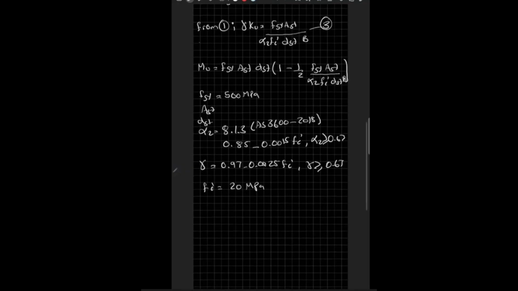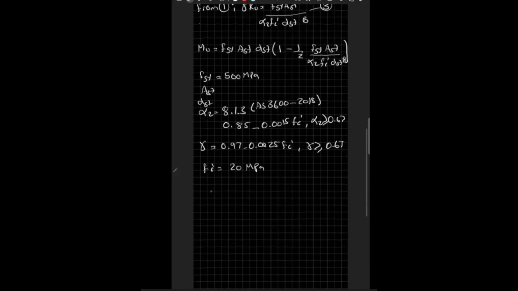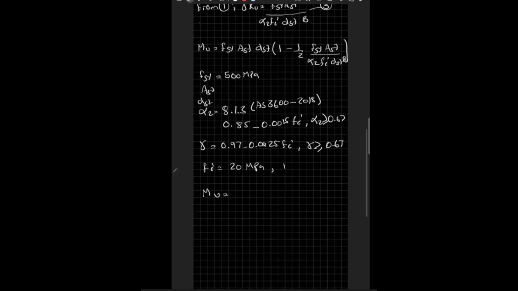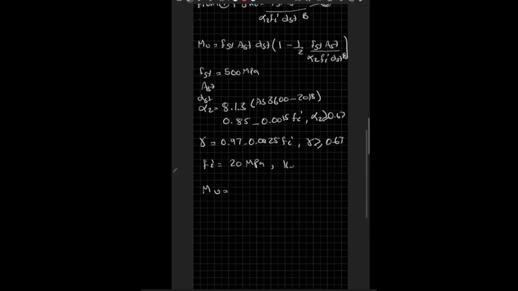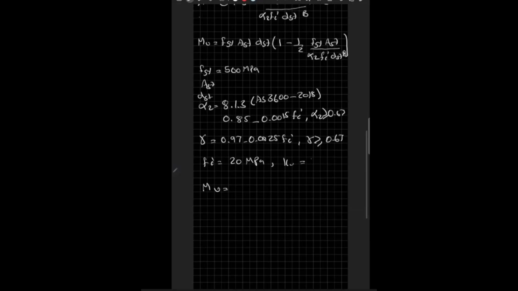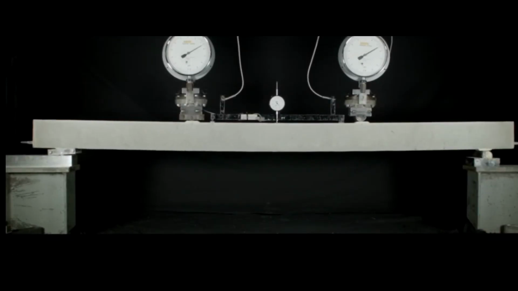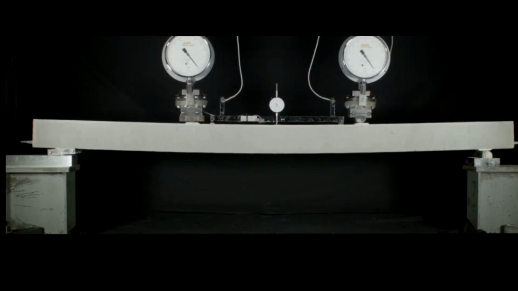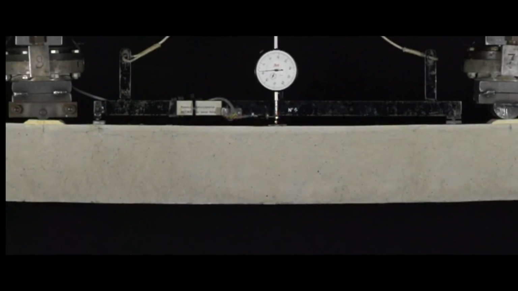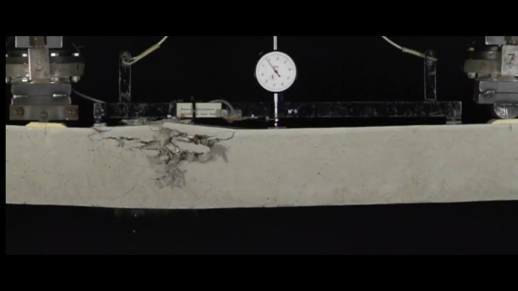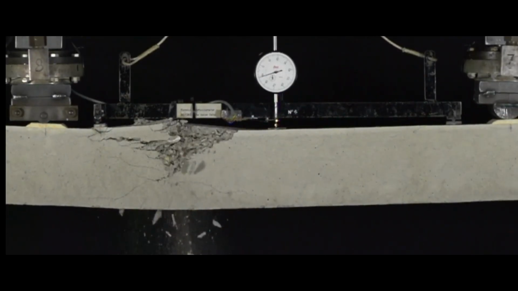Then we can use a rule of thumb using the ultimate moment, and let's assume the ku value, which is the ductility, is at a maximum of 0.36. Okay. Anything more than 0.36 just means that the beam is overly reinforced. In an over-reinforced beam, the compressive force in the concrete would reach the limit before the steel yields.